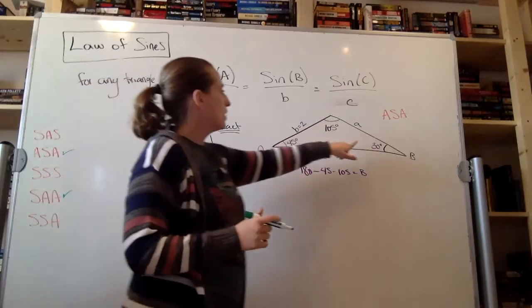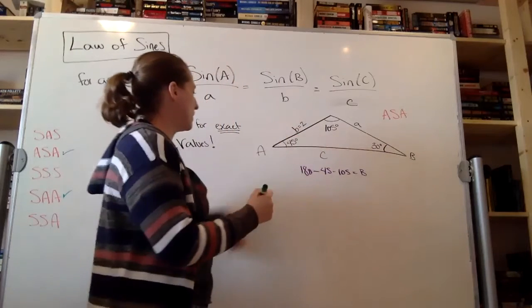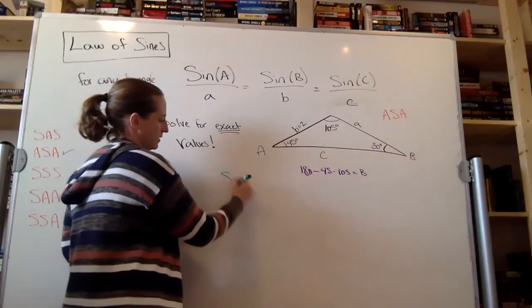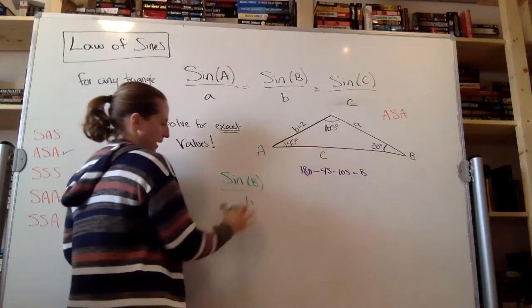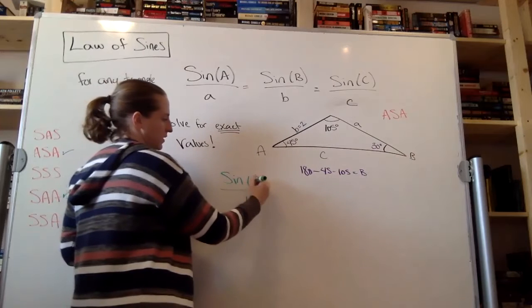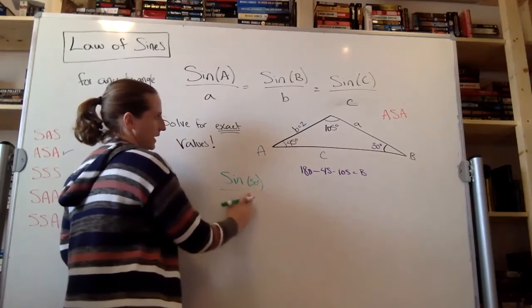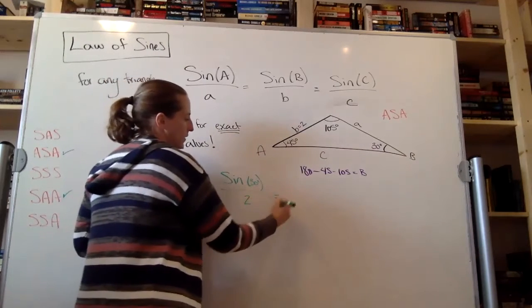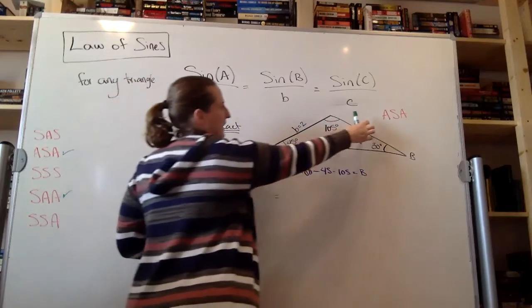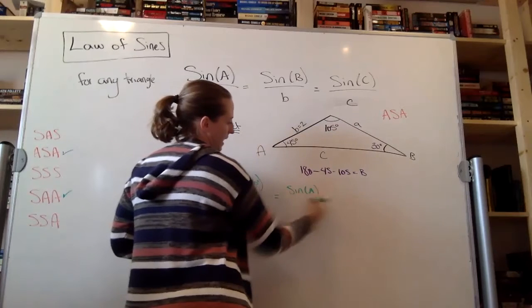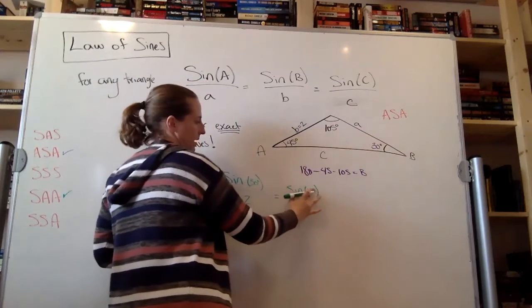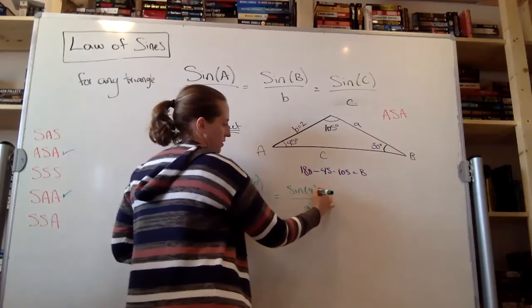Well, we know sine of B over b. We know all of the values there. I know that my angle B is 30 degrees. I know that my side length b is 2. So let's use that to find, say, a here. We know sine A over little a, but angle A is 45 degrees.